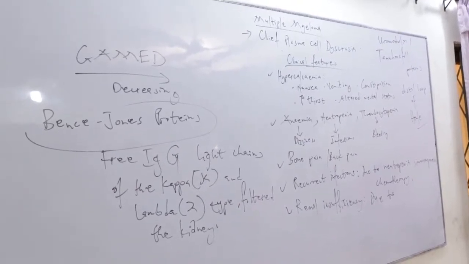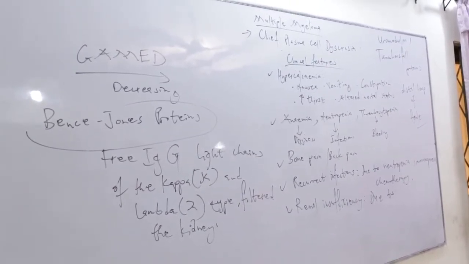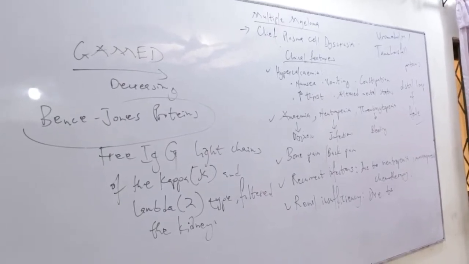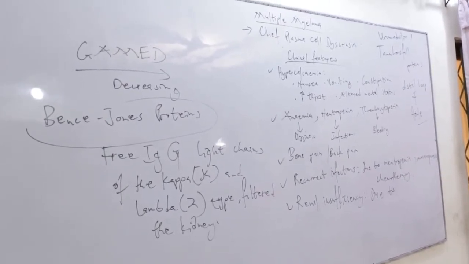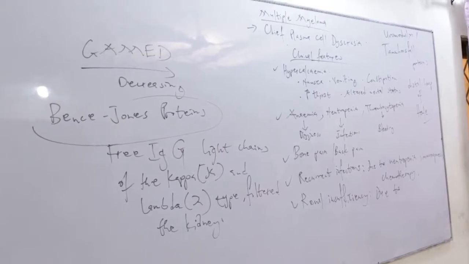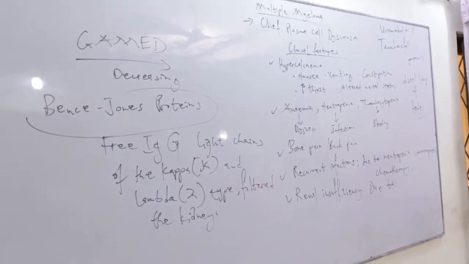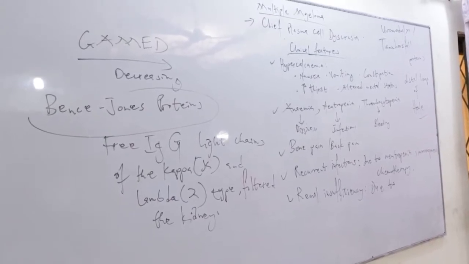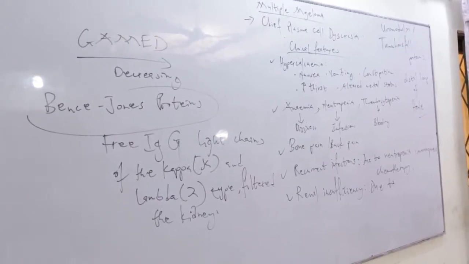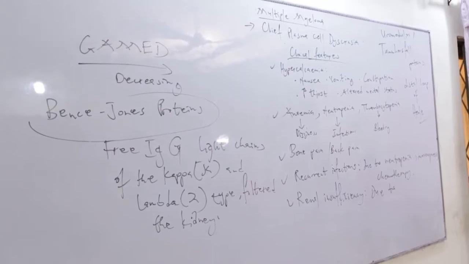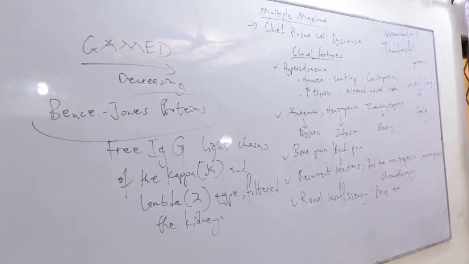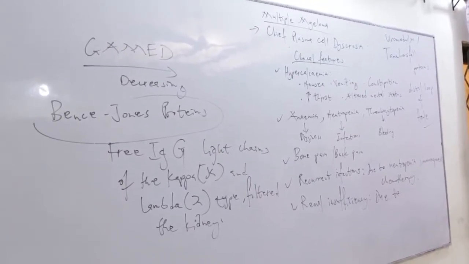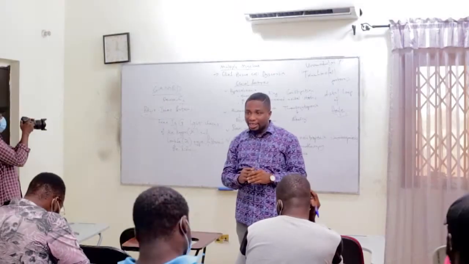Even the deposition of the monoclonal immunoglobulins in the kidney can cause damage. And if you have multiple myeloma associated with primary amyloidosis, you expect the AL amyloid to be deposited where? In the kidney, causing what? Kidney injury.